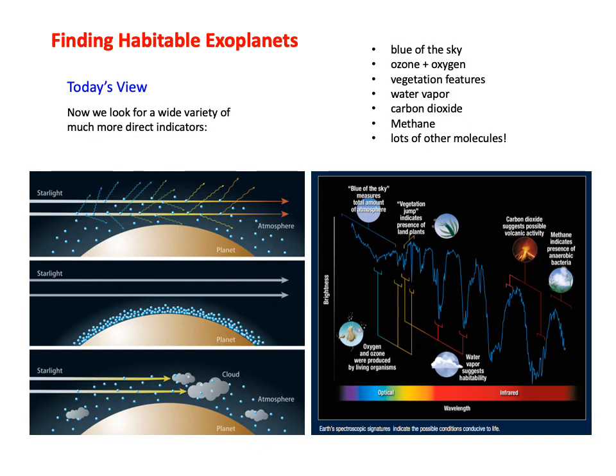So the modern view is a little bit more sophisticated. On the left-hand diagram, I'm basically trying to show you a schematic of how the starlight passing through the atmosphere can be modified. In the top panel, you can see the planet, and the little blue dots represent molecules in the atmosphere.